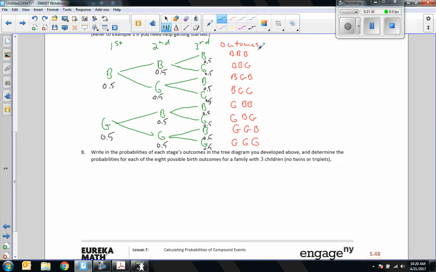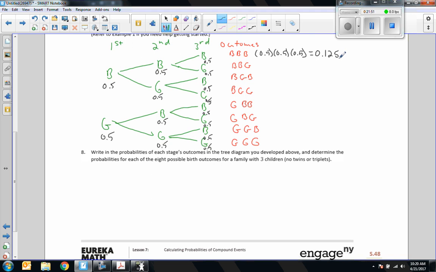So the probability of getting a boy and a boy and a boy is 0.5 times 0.5 times 0.5 equals 0.125.